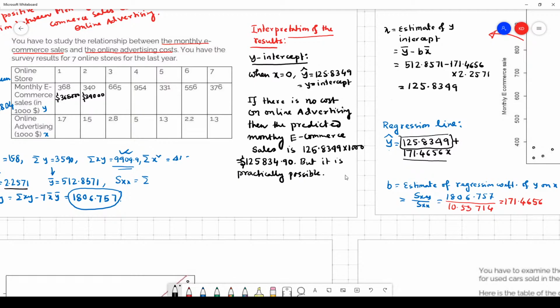Hence in this case, we have no practical interpretation of the y-intercept.